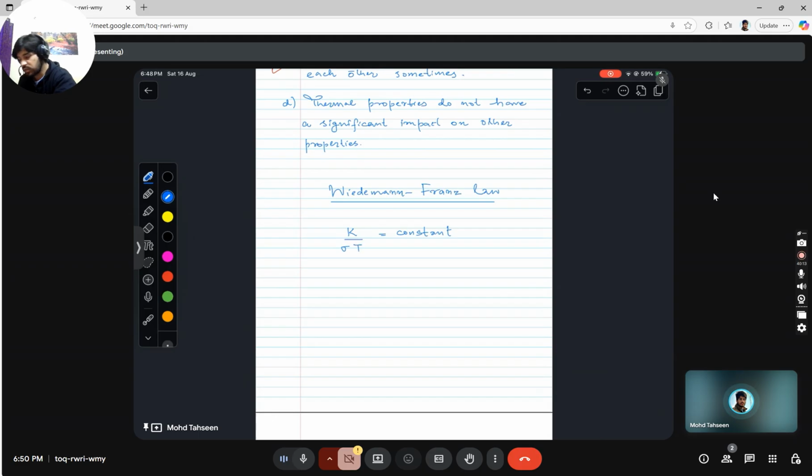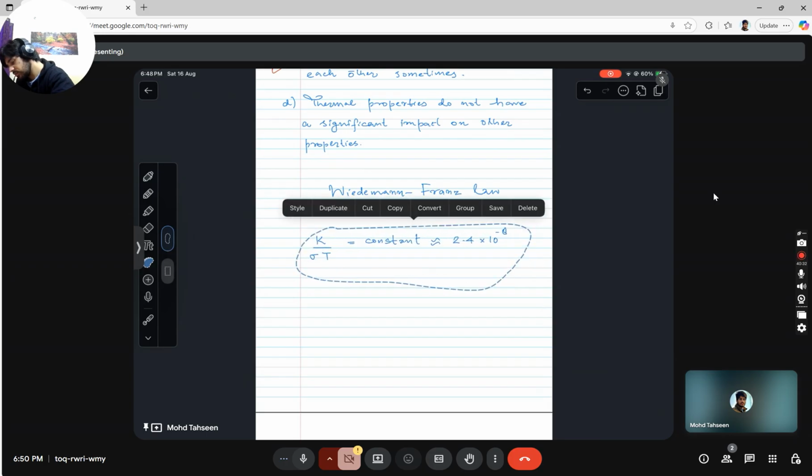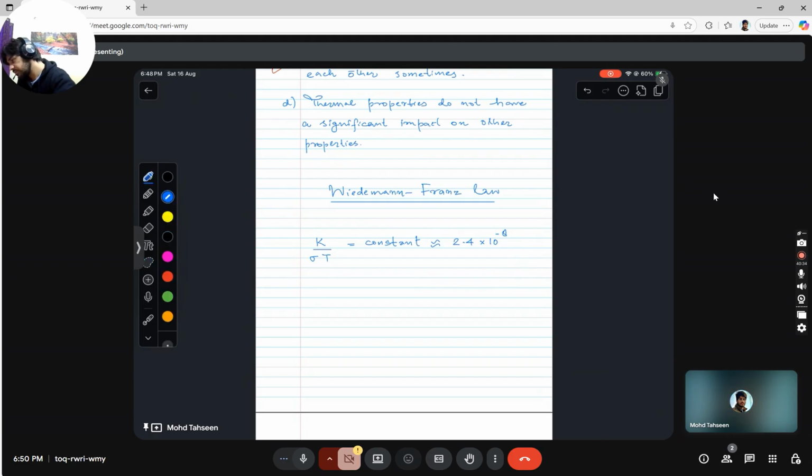So this is what the law says, and this constant is of the order of 2.4 times 10 to the minus 8 joule ohm per second per Kelvin squared.